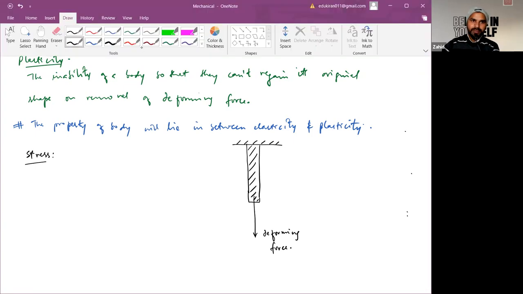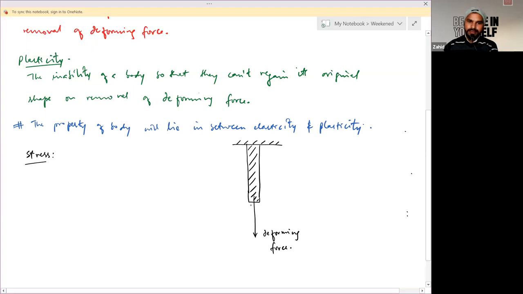Due to that deforming force, it will extend by some length along this direction. Suppose the initial length of the body is this much, and the extended part due to this deforming force is this much.